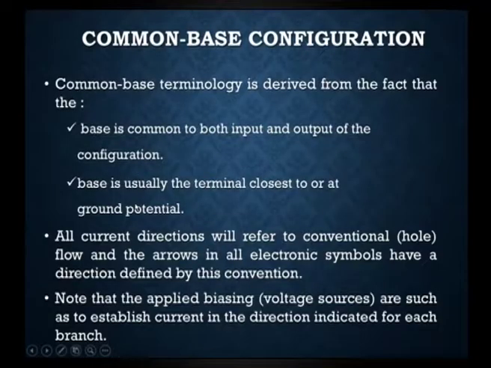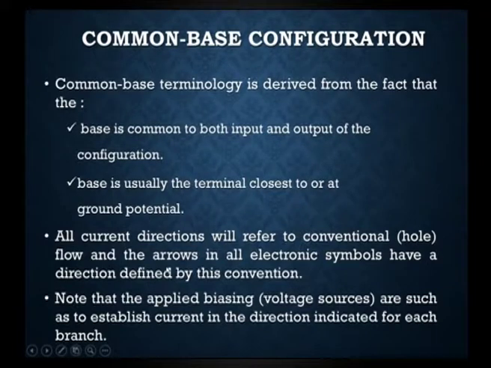So, these are the two things we need to remember: the base is common to both input and output of the configuration, and the base is usually the terminal closest to or at ground potential.